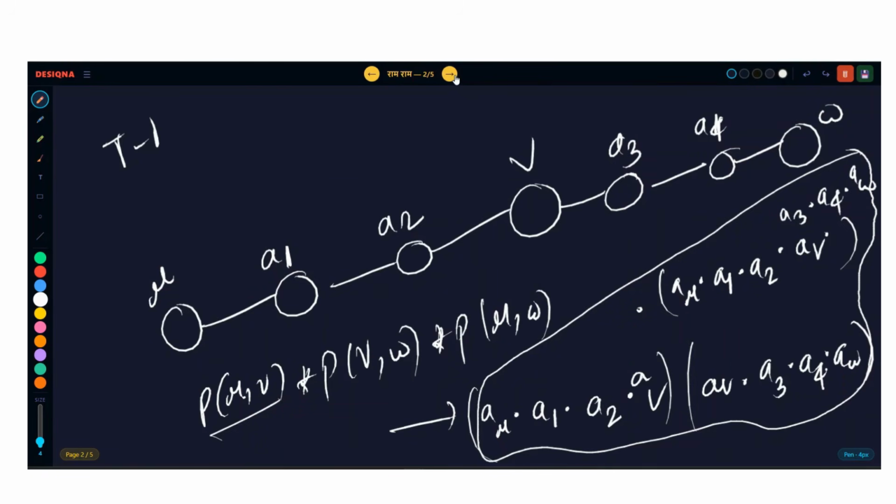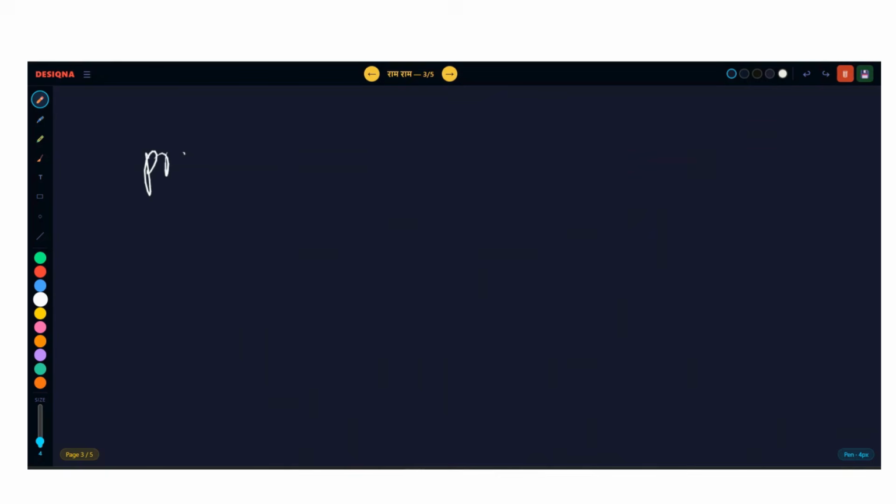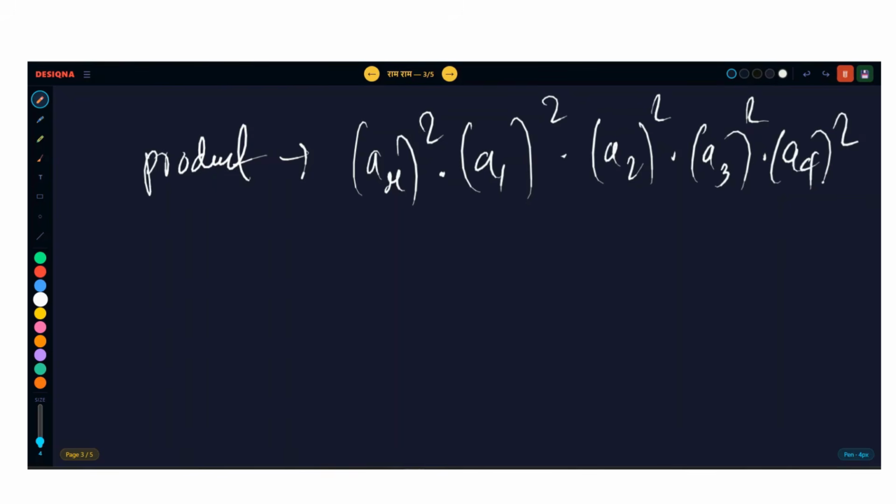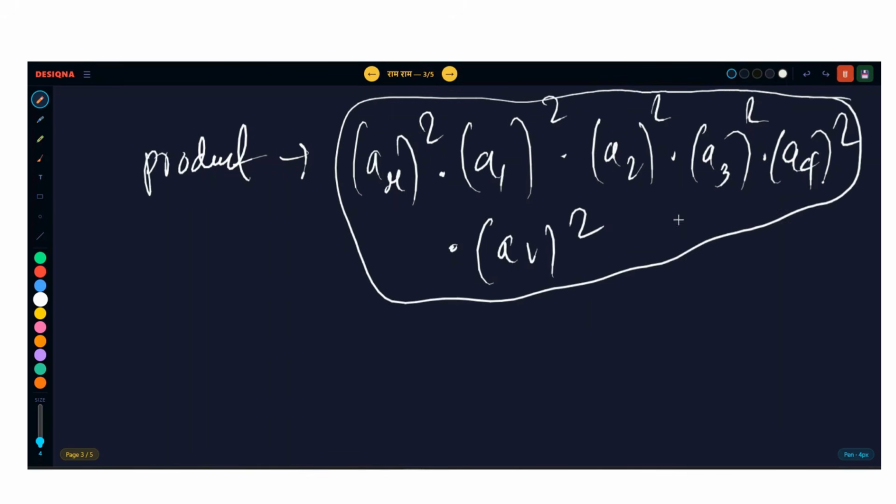If I rewrite this product, how will it look? The final product is AU square multiplied by A1 square multiplied by A2 square multiplied by A3 square multiplied by A4 square multiplied by AW square, and then AV square, multiplied by A of V, because it is A of V whole cube.